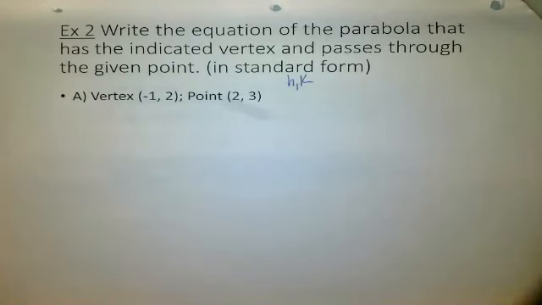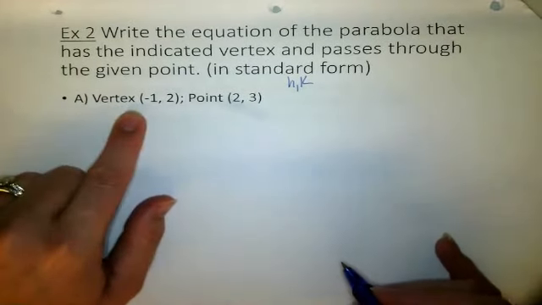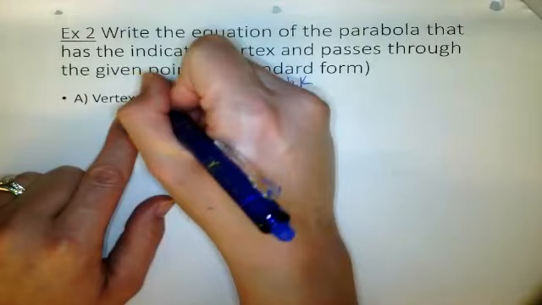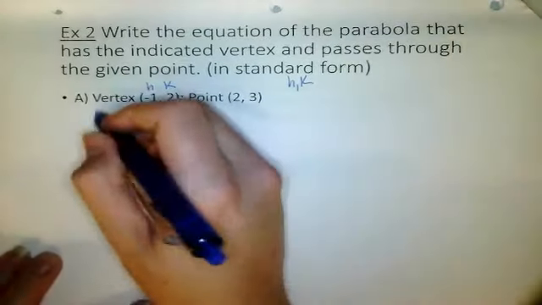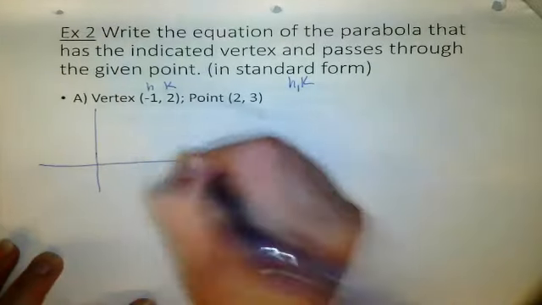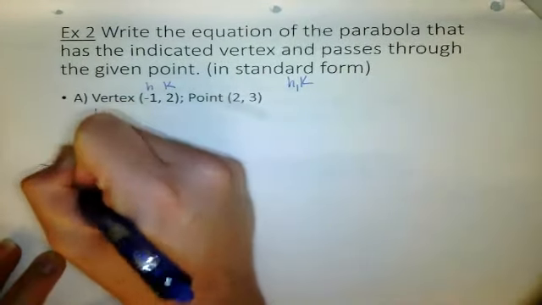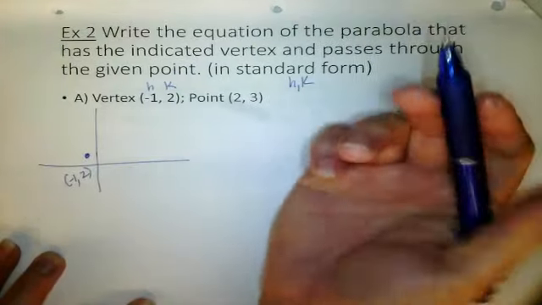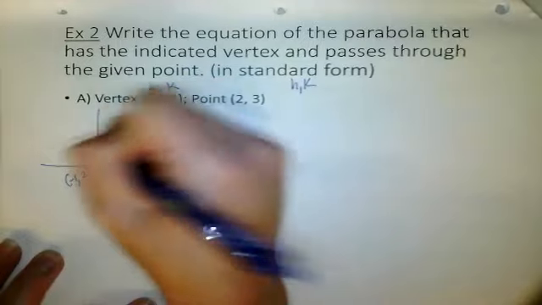And the reason we want to use standard form is because of what they gave us. They gave us the vertex. And when they give us a vertex, they're giving us an H and a K value. And so that's really, really useful. In some of your problems you have a graph, so negative 1, 2 might be labeled, and then a point like 2, 3 is on there.